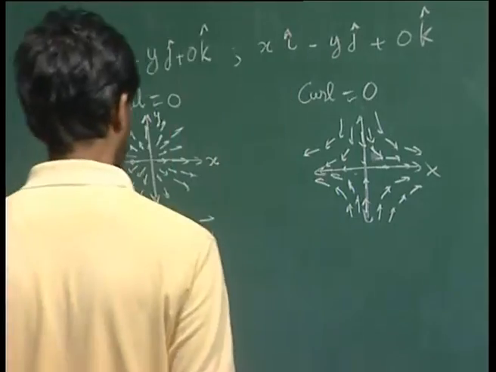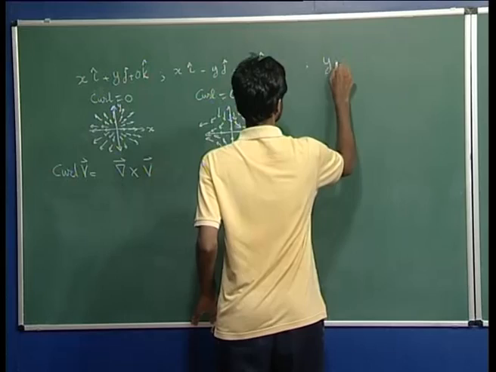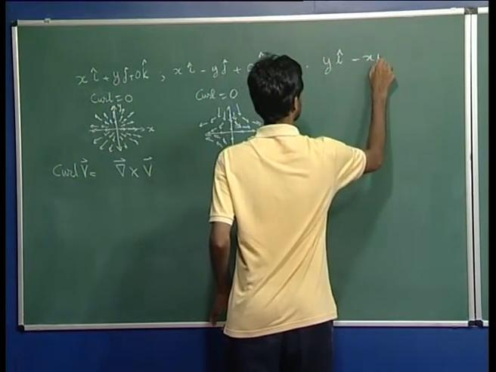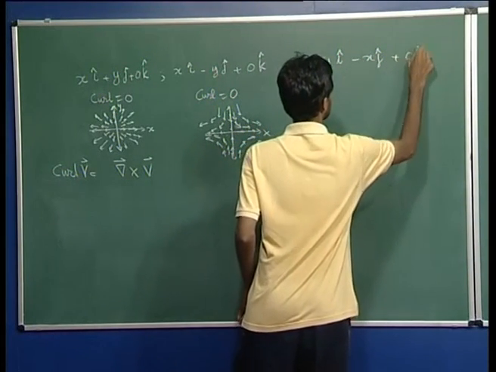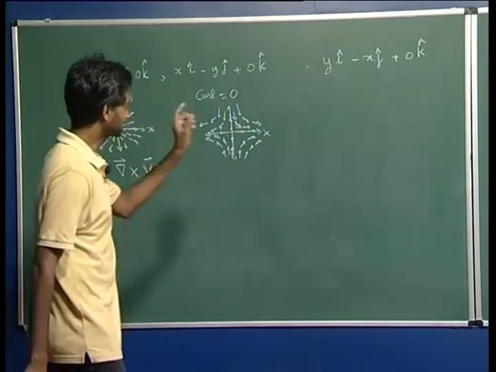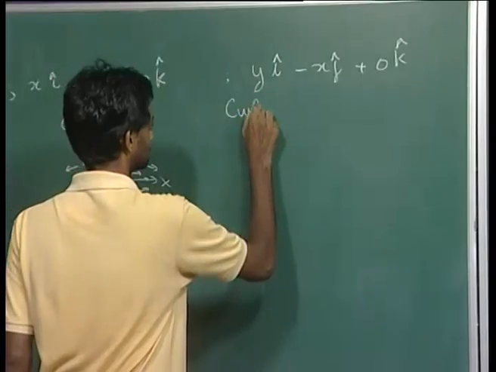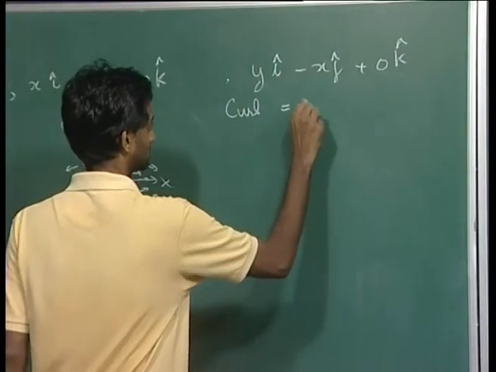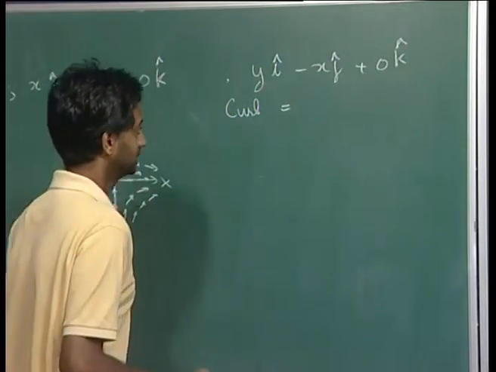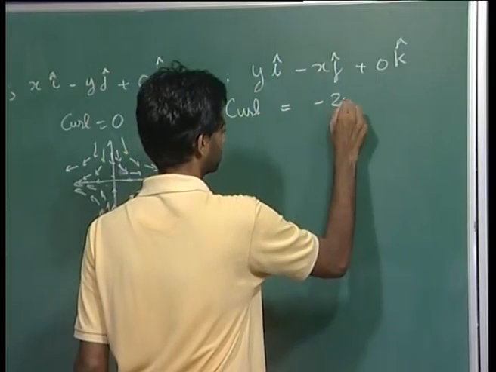Now, suppose instead of having this field, I had a field yi minus xj. Now, the curl of this, you can show that the curl should be minus 2 k.